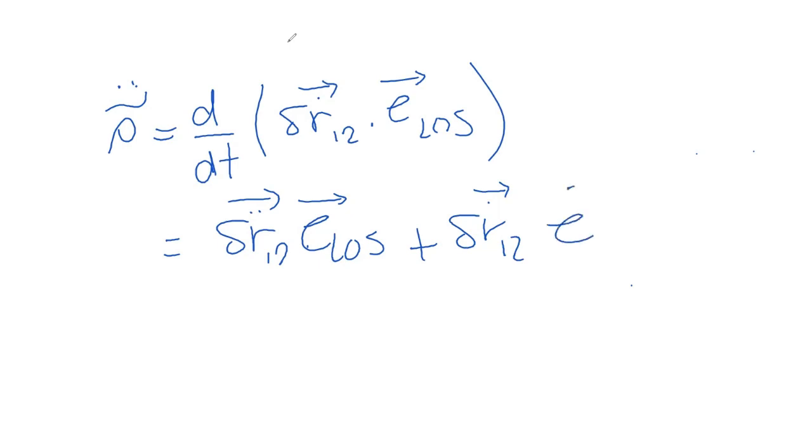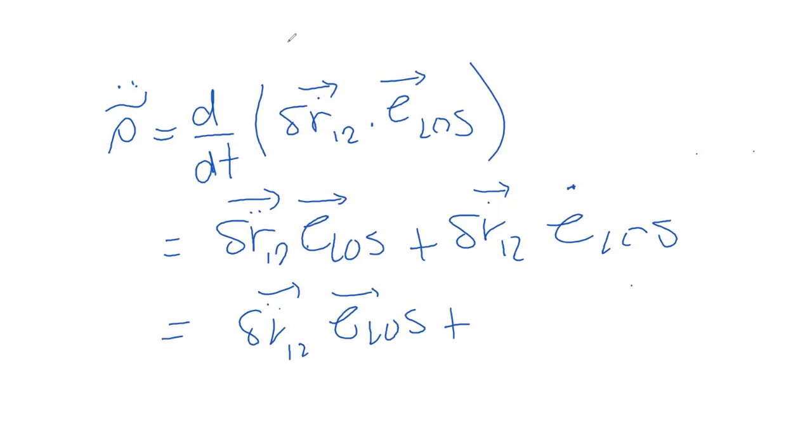Dot means the derivative with respect to time, as you know. If I simplify this further, the first term is okay, keep it. And now if I take the derivative of that relation, what was that? E LOS equals delta R12 divided by rho. If I take the second derivative with respect to time, I come to this formula.